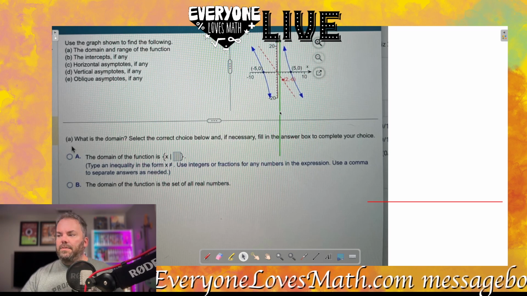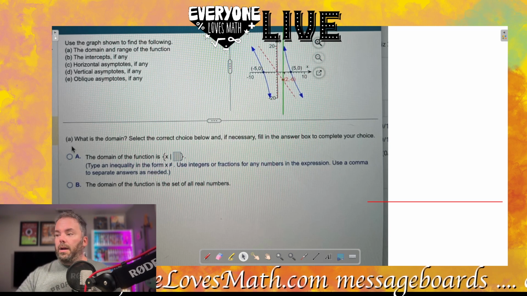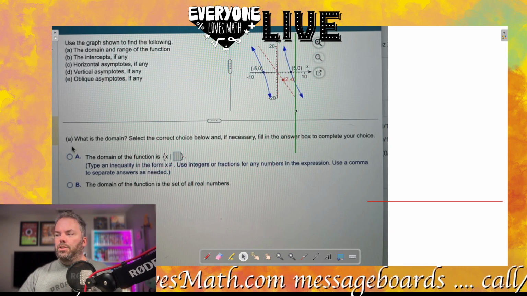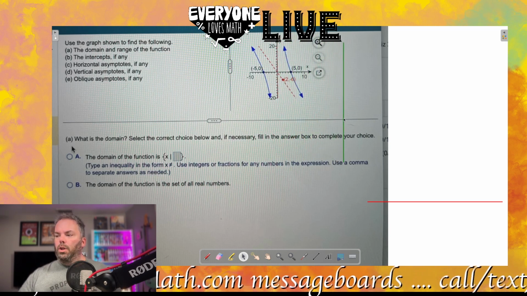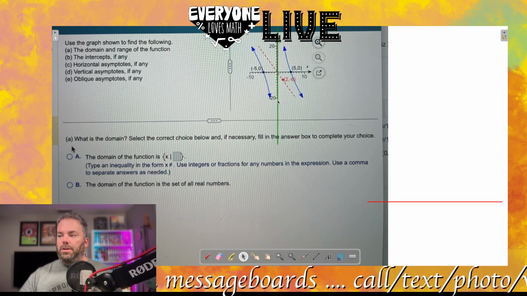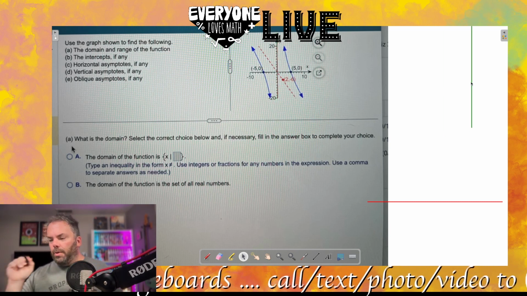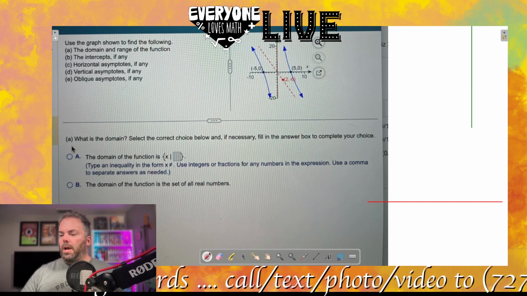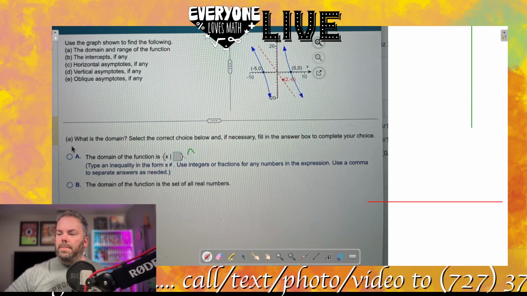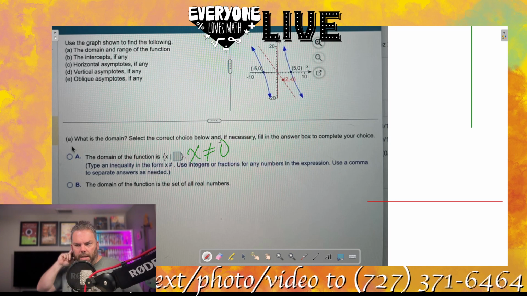Picking up on the positive side of x, the function is way up there, and then as we continue to trace out to the right, we're looking good. So for the domain, the only bad value is x equal to 0. When we write the domain, we should write x cannot be equal to 0.